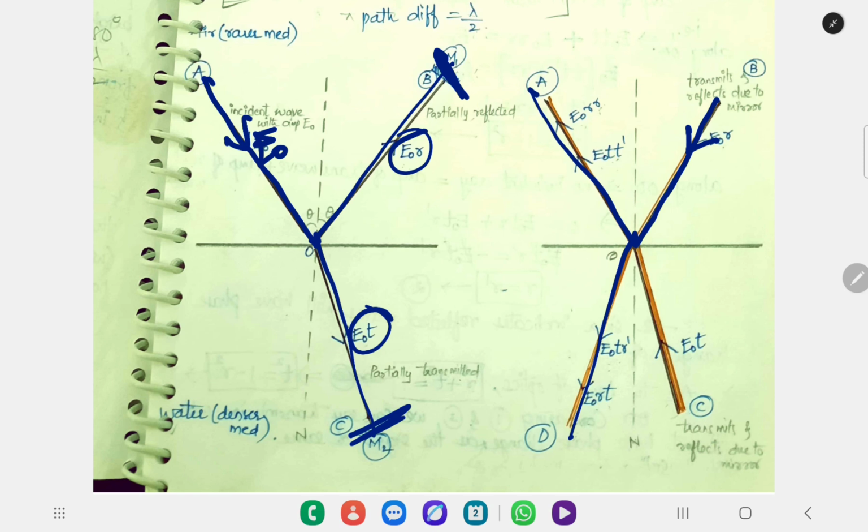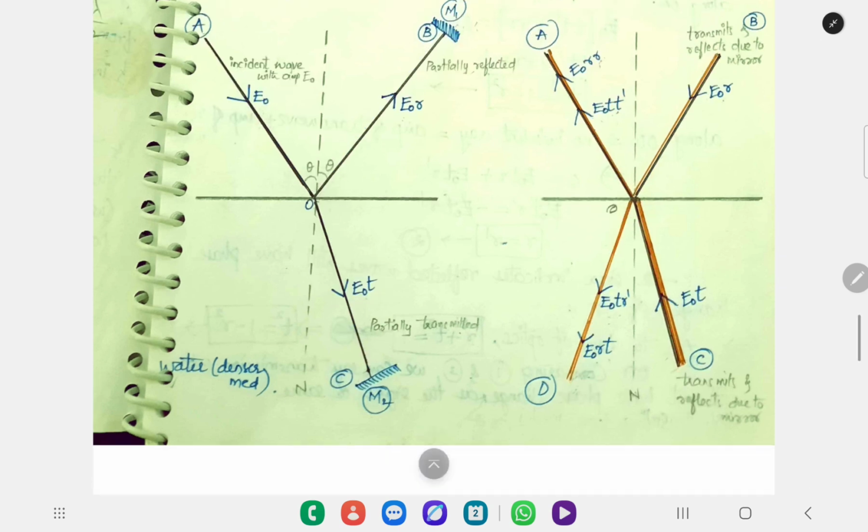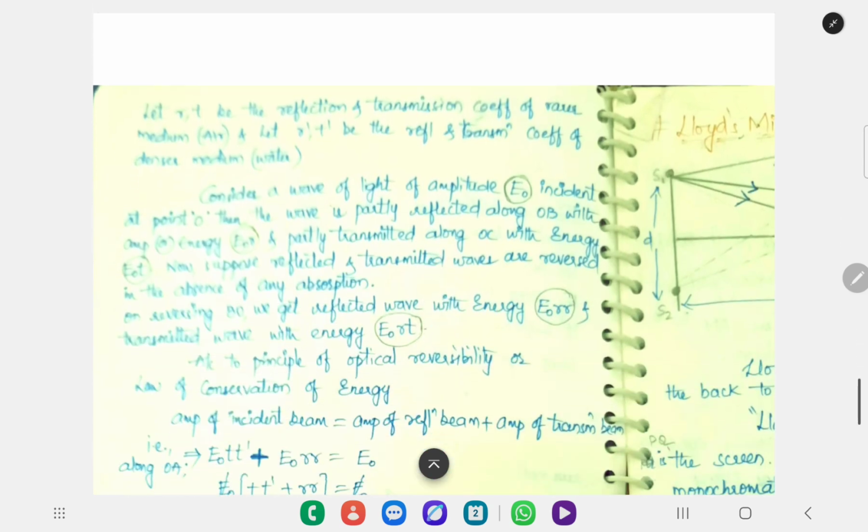This one transmitted will again get transmitted in this way, and reflected here. This is the way they are transmitting and reflecting through the mirrors. So remember this diagram. Now we'll see the theory part.